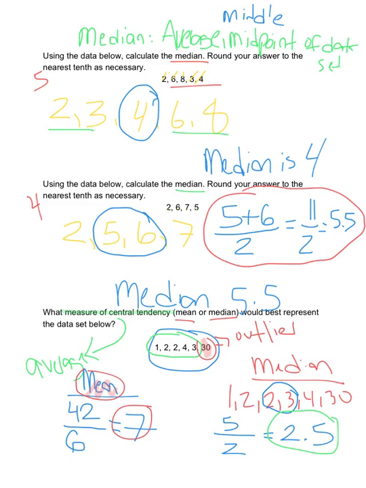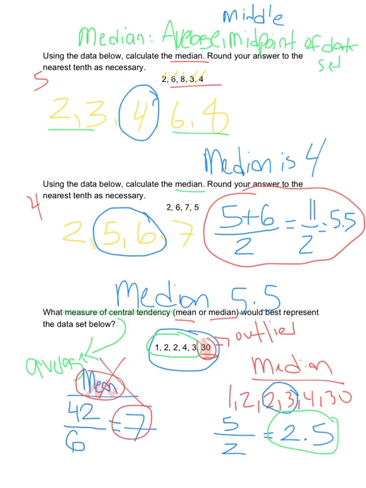So because this 30 made our mean very large, we probably wouldn't want to use our mean to represent this data set. We'd want to use our median. Notice our median is 2.5. 2.5 represents this data set very well. Once again, most of the numbers are 4 or below. Only one number is very large. It doesn't really make sense because most of the numbers are very close together.